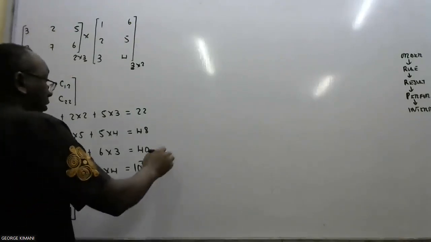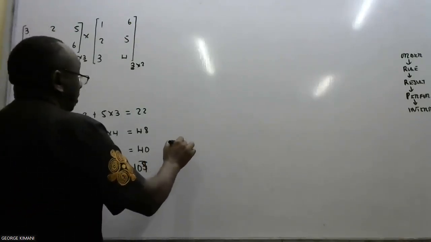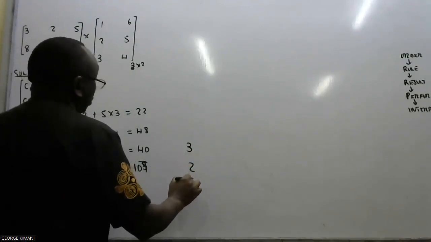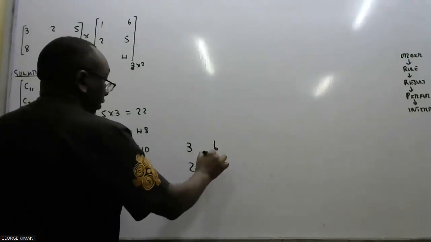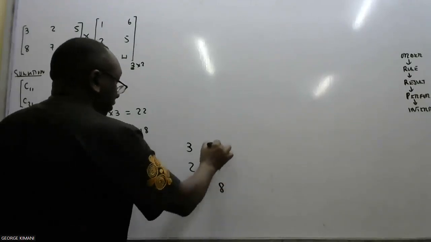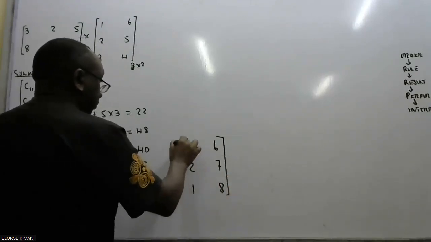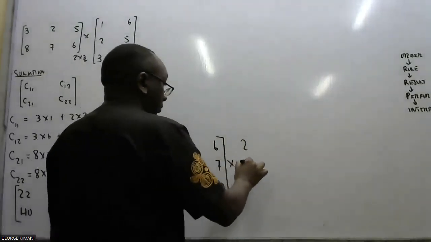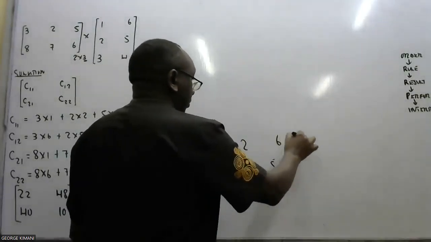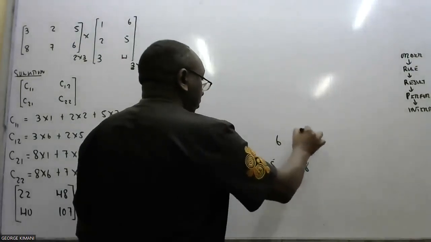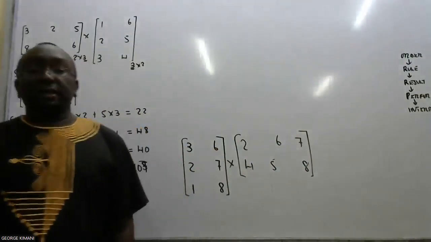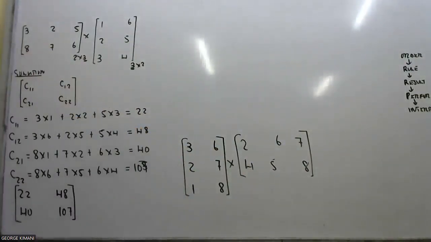Example 3, which will be your assignment. Tasoma namna hii. 3, 2, 1, 6, 7, 8. You can copy that, which you shall do later as an assignment.